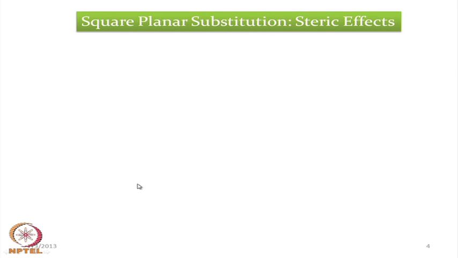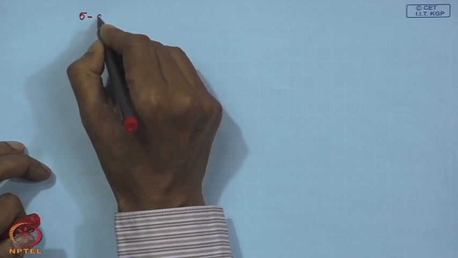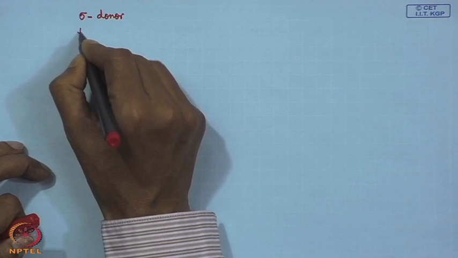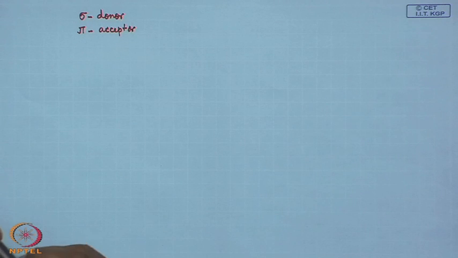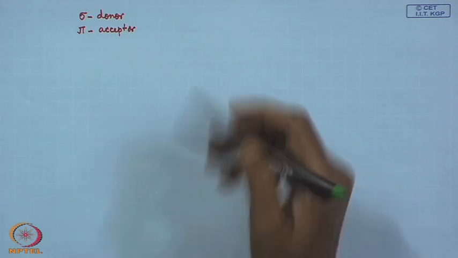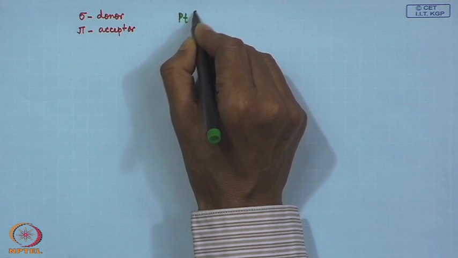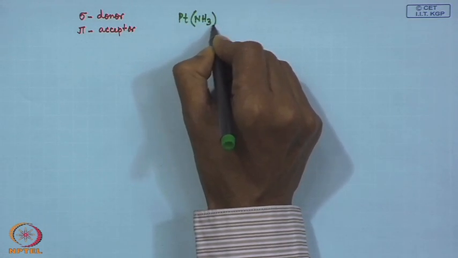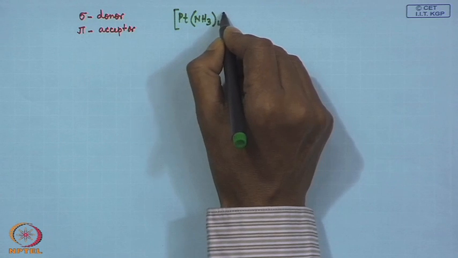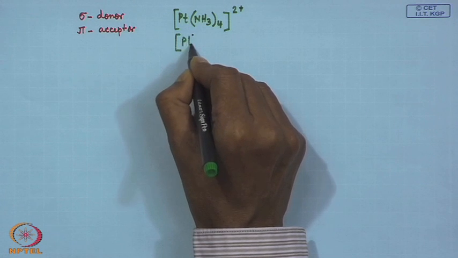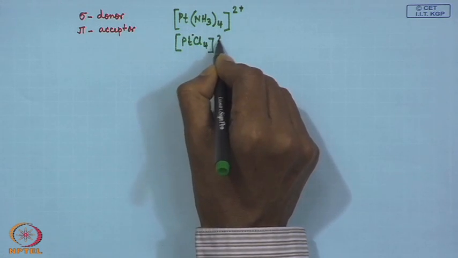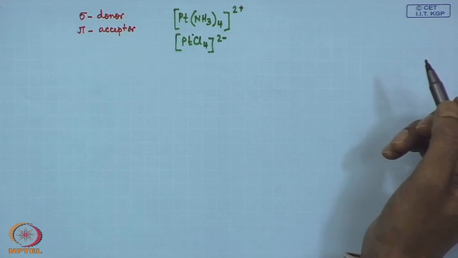So, we see what we have seen for the abilities in terms of sigma donor and pi acceptor ability, and we can consider two starting materials: the tetraammine salt of platinum and the tetrachloride salt of platinum.